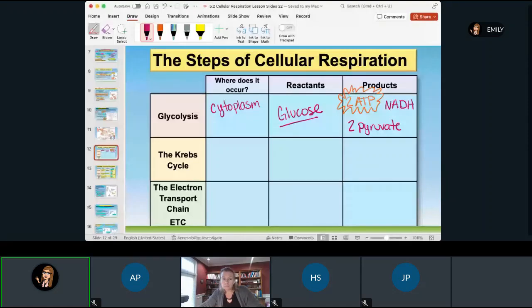You're right, we do get 2 NADH. You don't have to keep track of the number of NADH and FADH2s. We're not asking that of you. So I'm going to get rid of that one just for now so it doesn't confuse everyone. Okay. So that is our glycolysis.